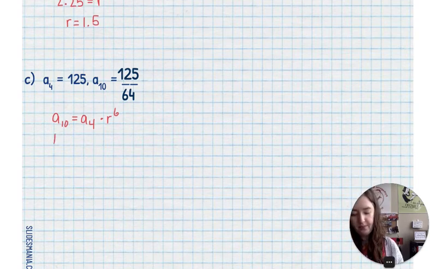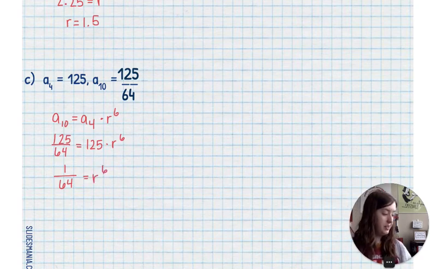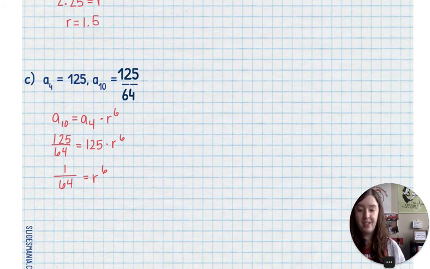So we know 125 over 64 equals 125 times r to the 6th. We'll divide by 125 on both sides, so we'll have 1 over 64 equals r to the 6th. Then we'll take the 6th root of both sides, and we'll find out that r is equal to 1/2.